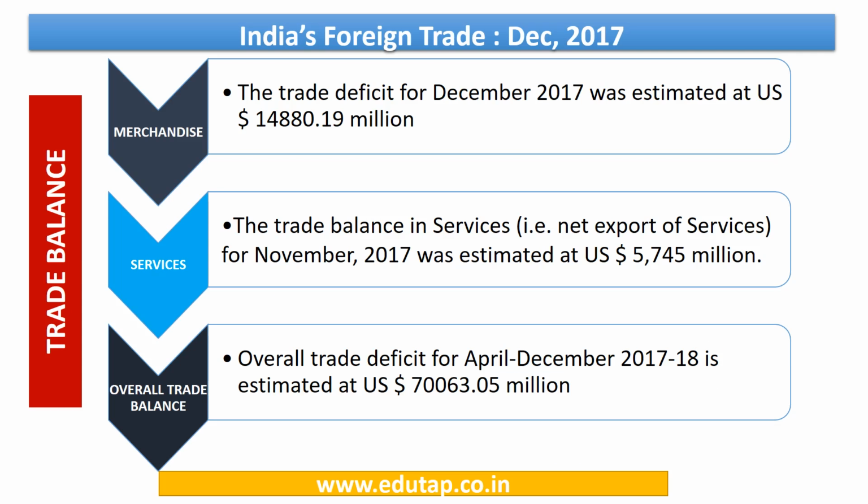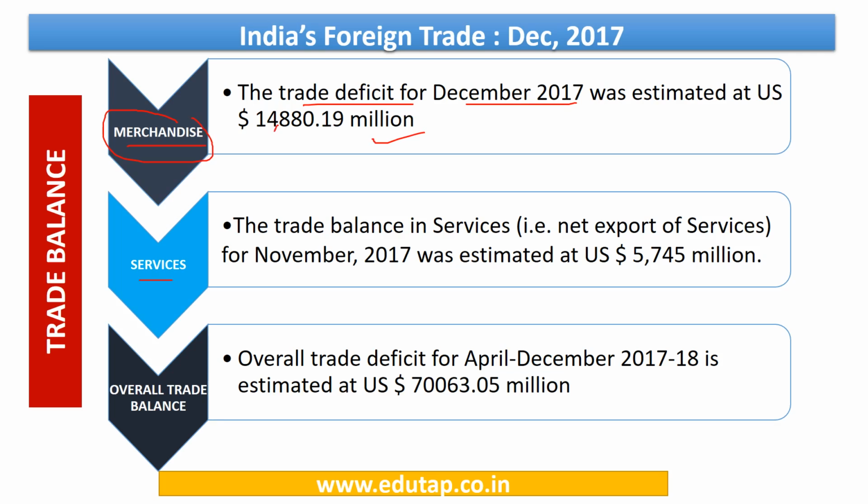The third one is the trade balance, which balances the merchandise and services and gives the overall view of India's foreign trade. The trade deficit for December 2017 in merchandise has been estimated at US dollars 14,880.19 million.